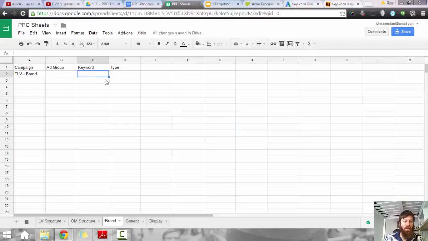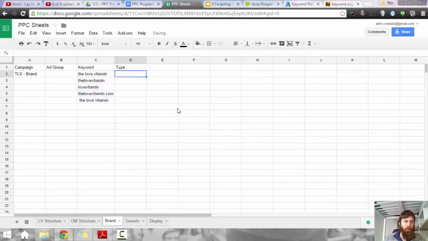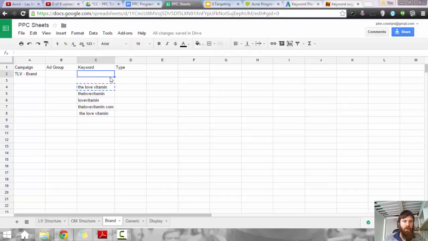I'm going to put them in my sheet. So the love vitamin is my main term. So what I'm going to do is put this in. This is going to be my exact match term.